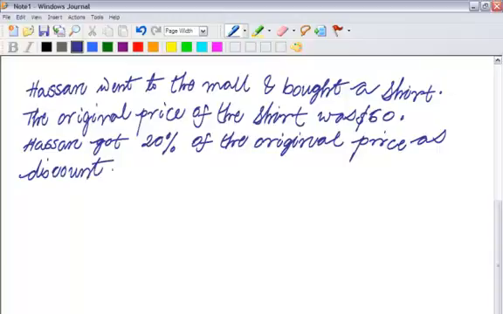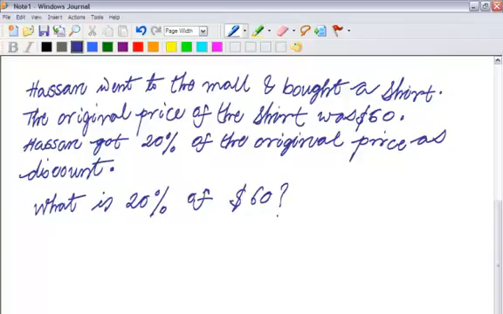Okay, so the question is, what is 20% of $60, right? So what is the question that we are asking then? What is 20% of $60?